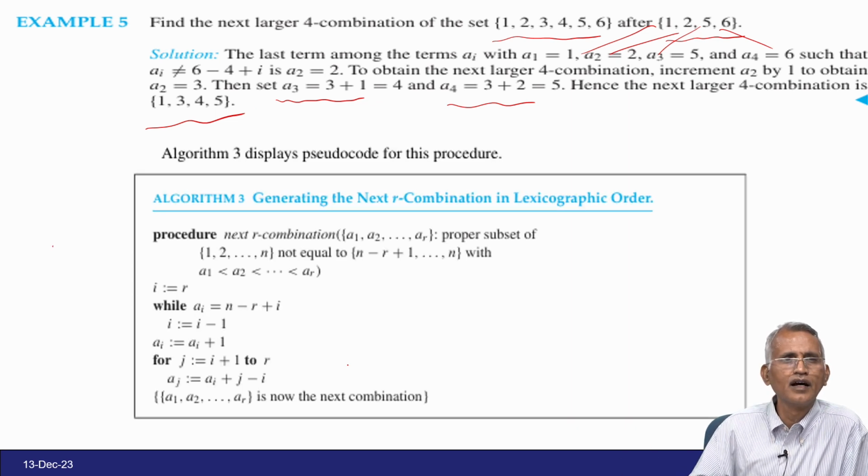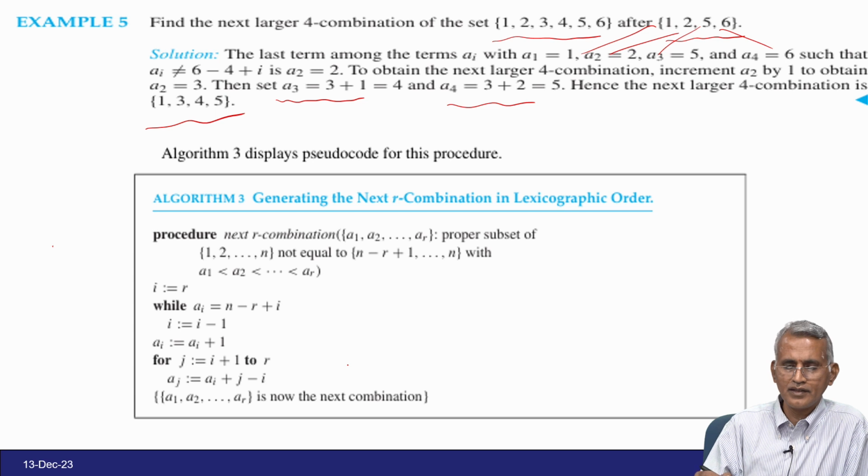Based on this, we discuss an algorithm with the pseudocode of this procedure. Algorithm 3 generates the next r-combination in lexicographic order. We have a procedure, next r-combination, taking a1, a2 and so on ar, a proper subset of {1, 2, 3, and so on n} not equal to {n minus r plus 1, and so on n}, with a1 less than a2 and so on less than ar.